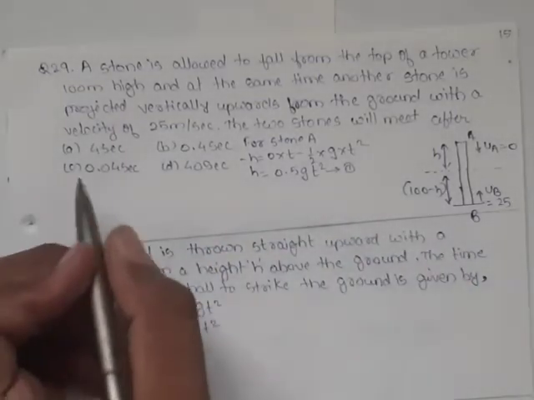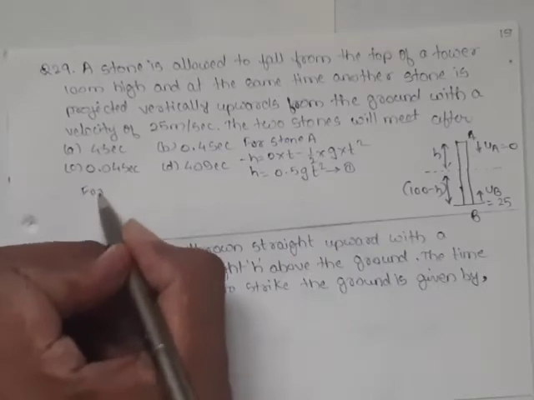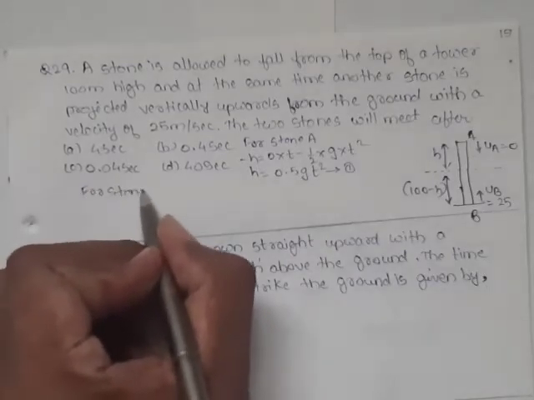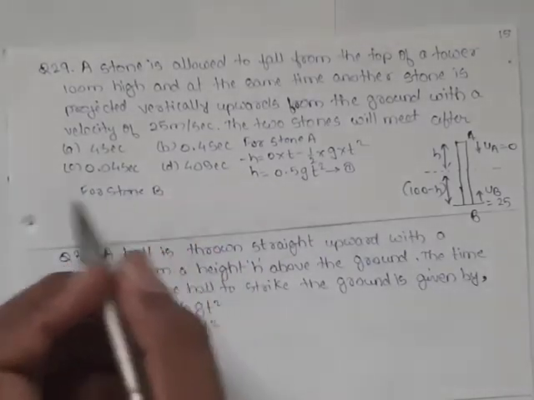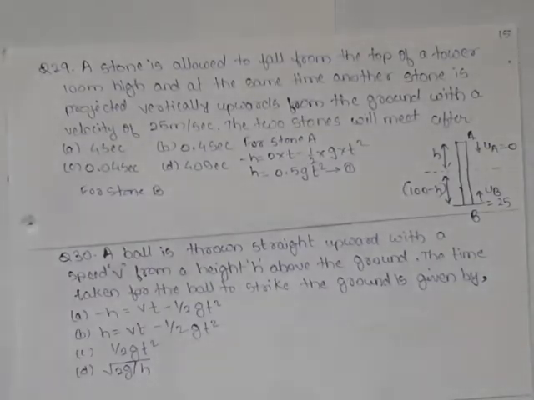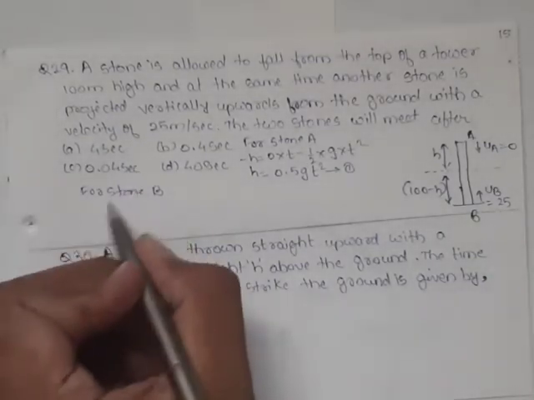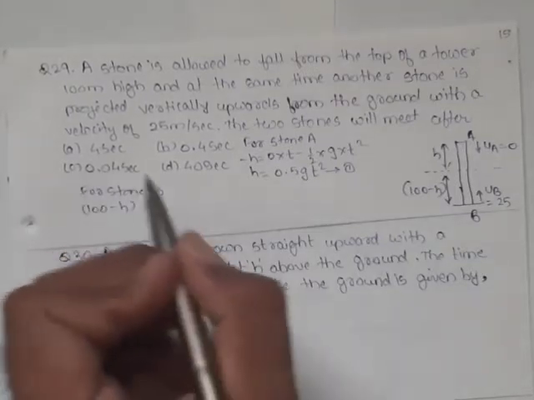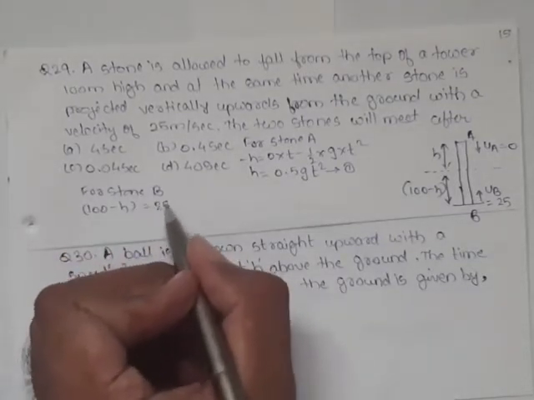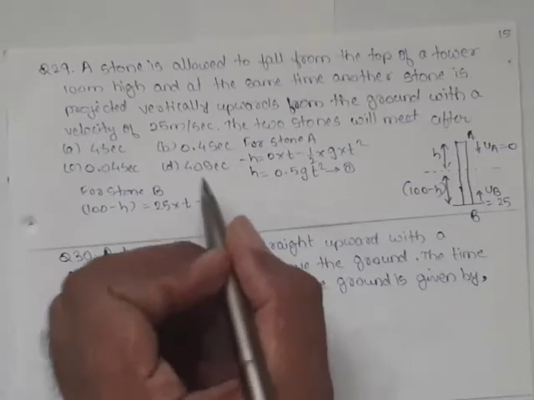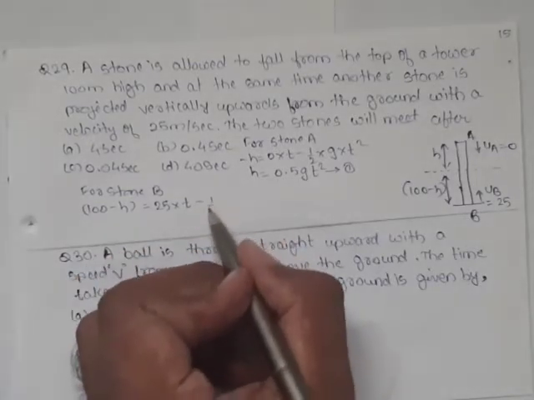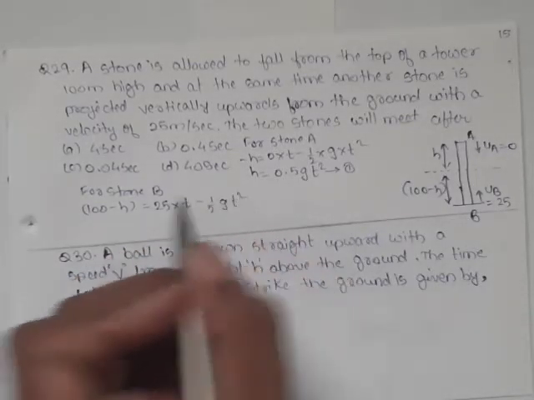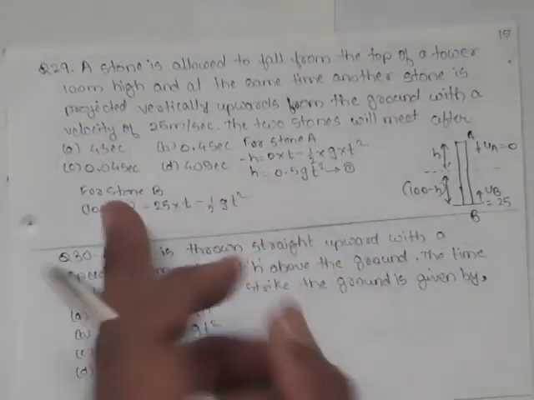Now for stone 2, or we can say stone B, again we use the same second kinematical equation. Here the distance traveled is now positive, 100 minus h equal to initial velocity 25 into t, minus 1 half into g t square. We put the value of h in this equation.